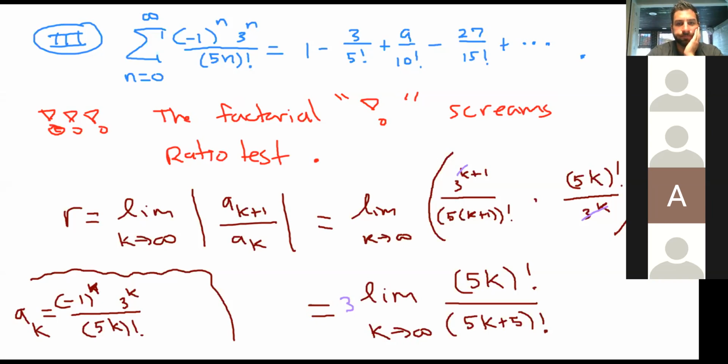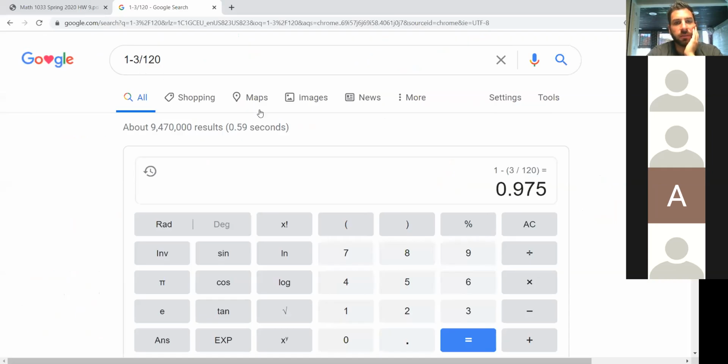If I just take the first two terms of my series, 1 minus 3 over 120, I am already accurate to 3 decimal points compared to Wolfram. So pretty cool, if I do say so myself. So we know that Google Calculator is not lying to us because we know that it converges. So we're happy that it's working out this way.